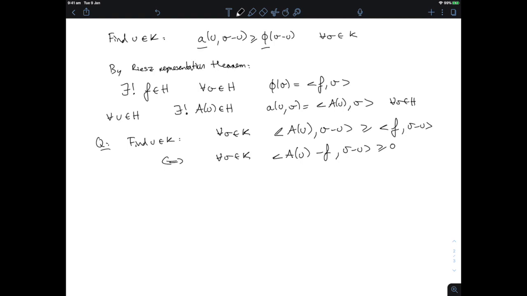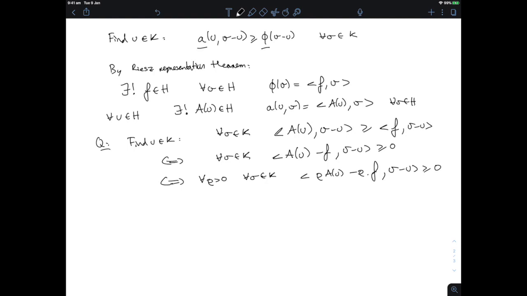Now I could even multiply that by a positive number, it would not change anything. So this is really equivalent to saying that for every, let's call that rho, for every v, we have that rho times au minus rho times f, inner product with v minus u, is non-negative. So this gives us a bit more flexibility in choosing that rho.